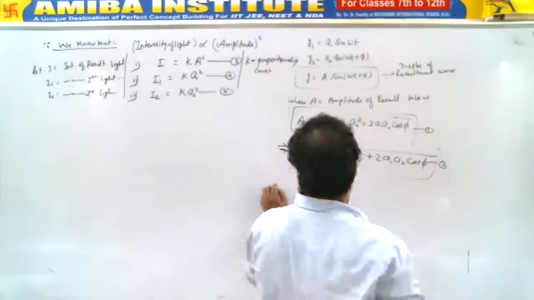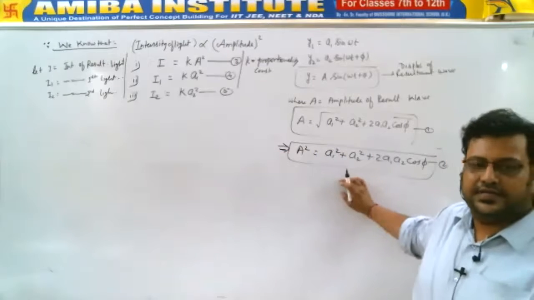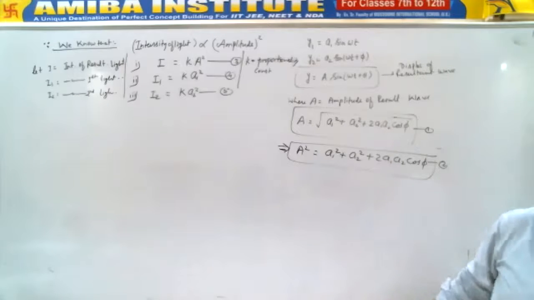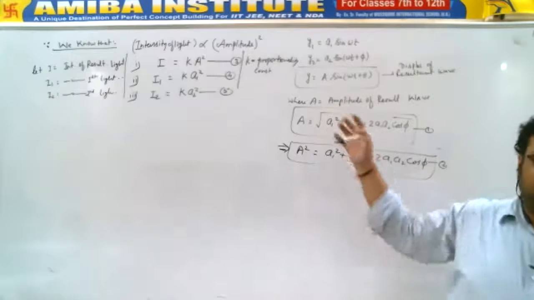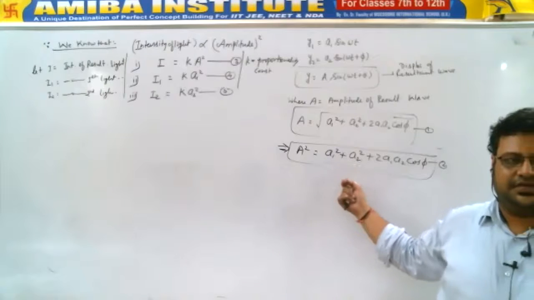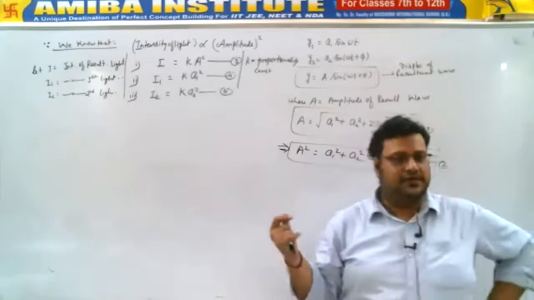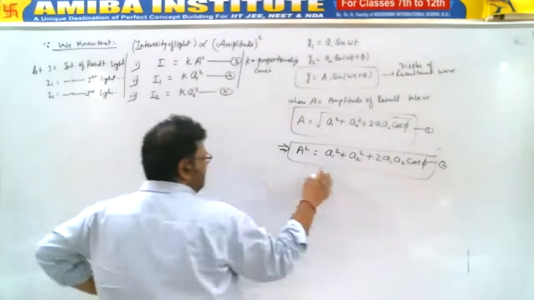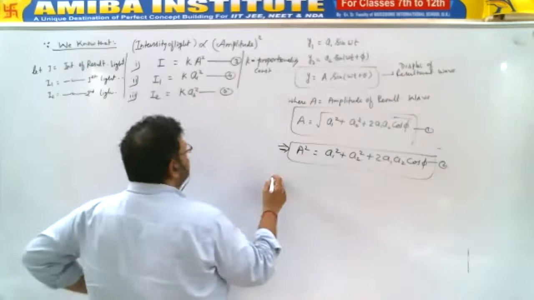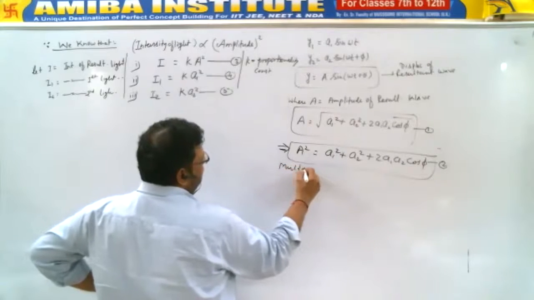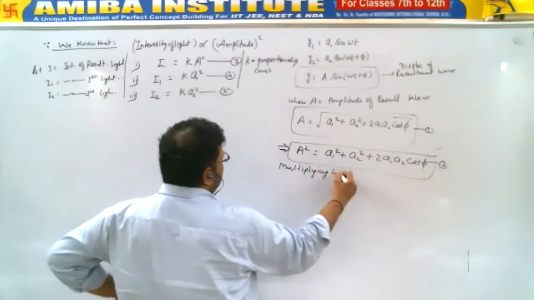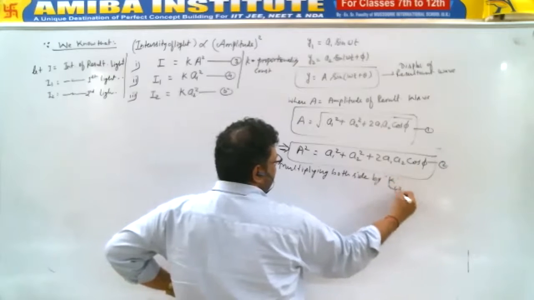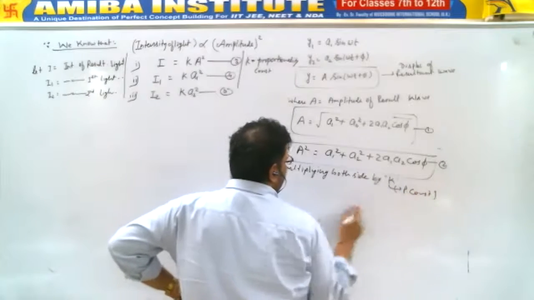If you look at this properly, we can do something to obtain some relation between I1 and I2. What I can do here is multiply both sides by the proportionality constant K. Don't forget.